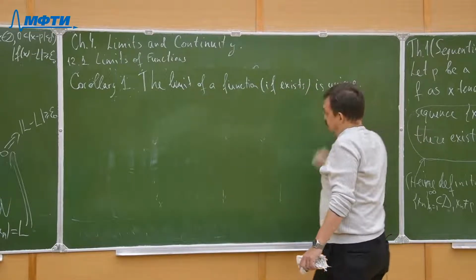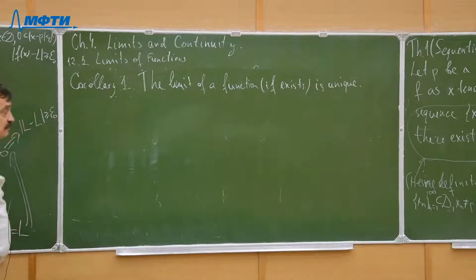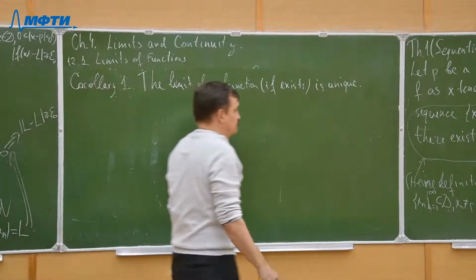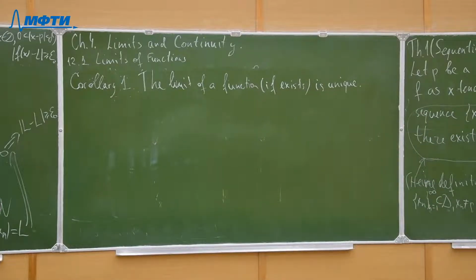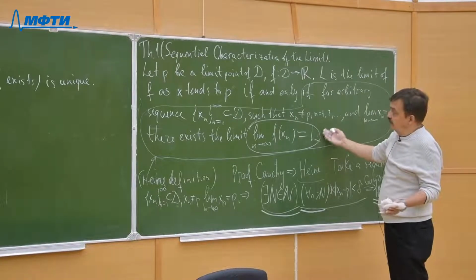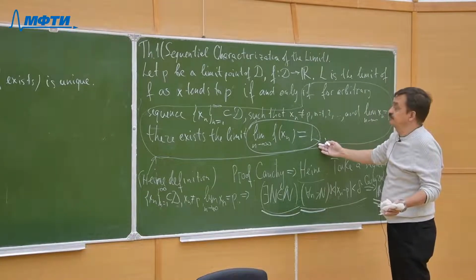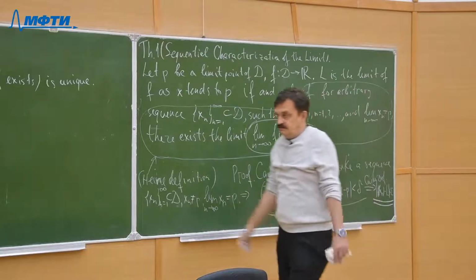Why? Because if we would have two limits, then according to the Heine definition, it would mean two limits of this sequence, and that's impossible.